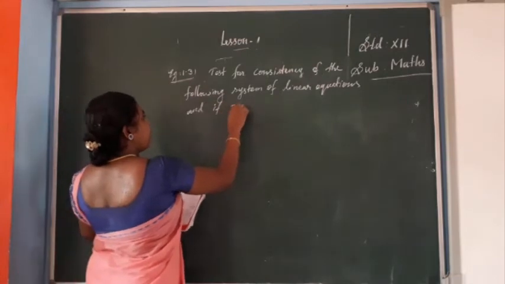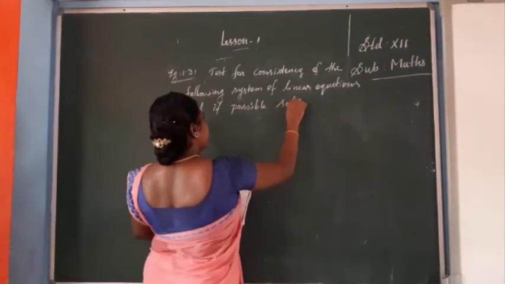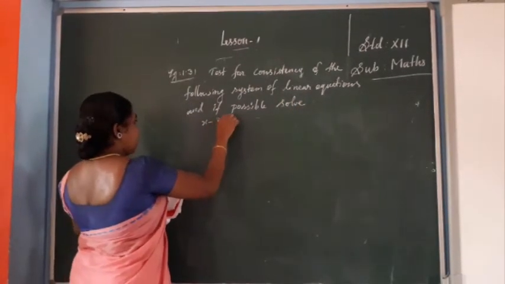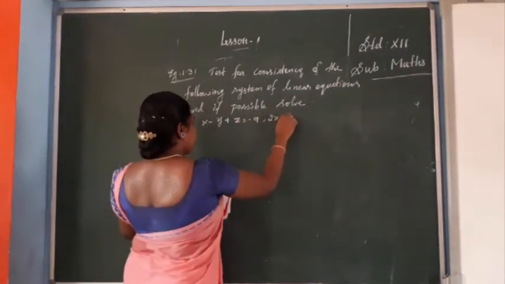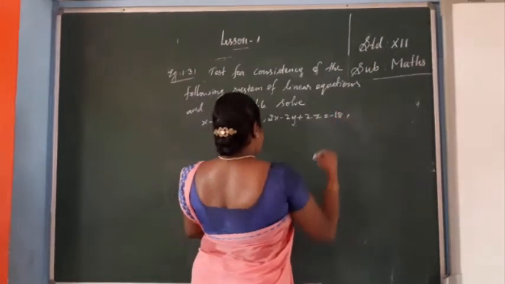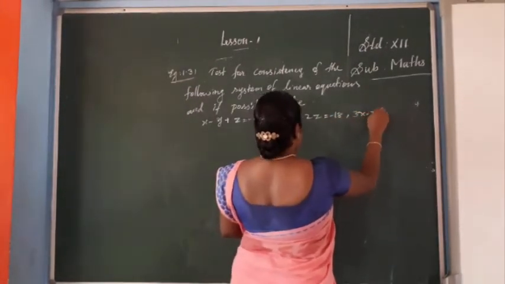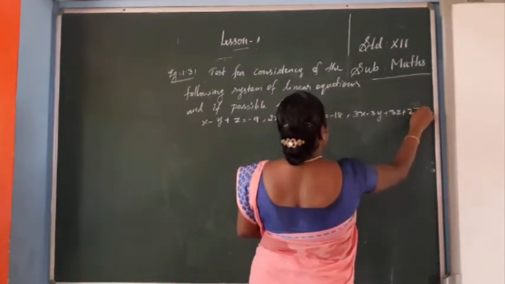The equations are x minus y plus z equal to minus 9, 2x minus 2y plus 2z equal to minus 18. The next one is 3x minus 3y plus 3z plus 27 equal to 0.